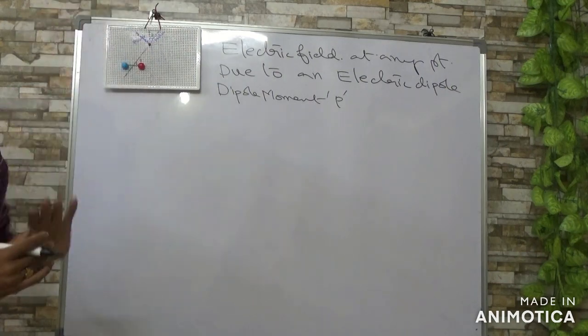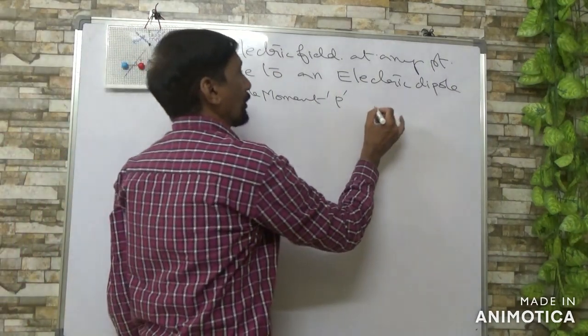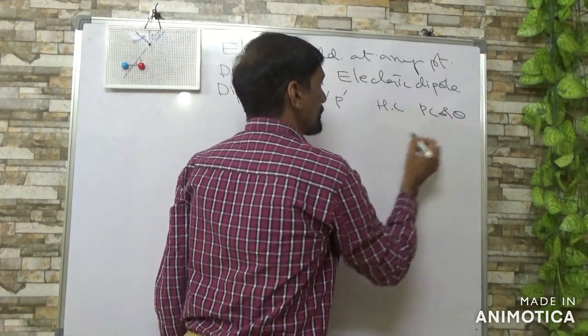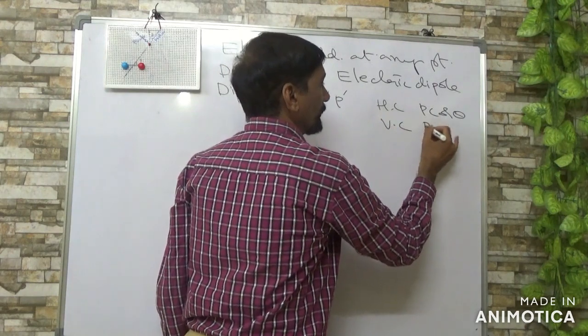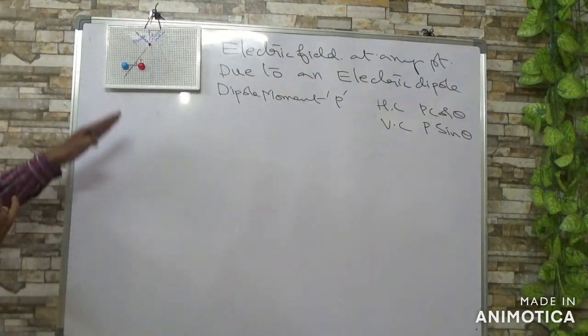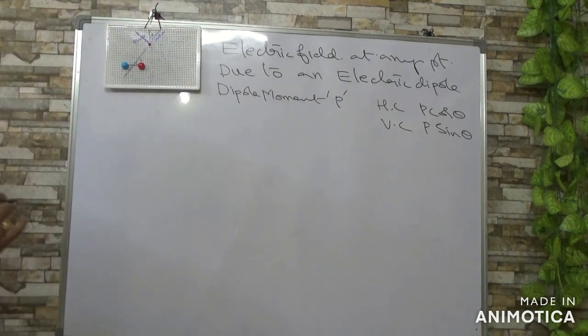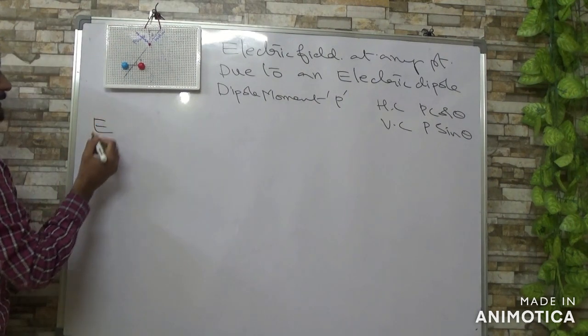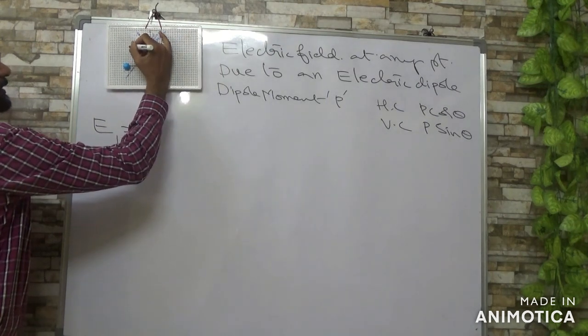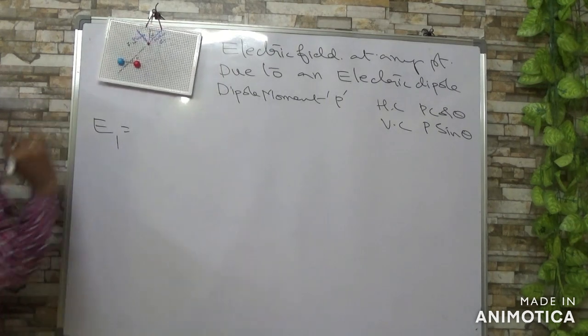Horizontal component P cos theta, vertical component P sin theta. Now along this direction, the field strength is, say, E1, and this is E2.